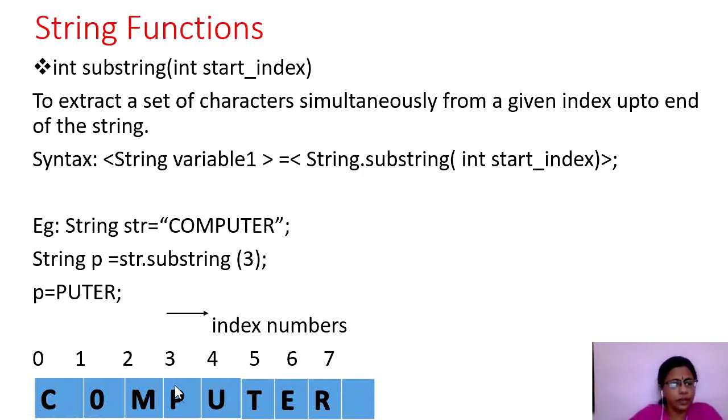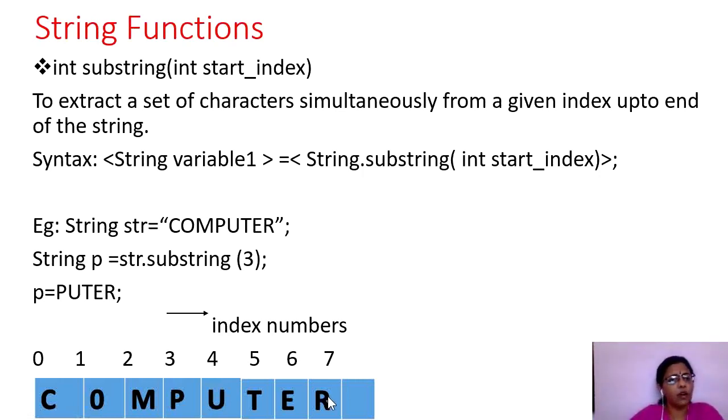So from the third position, it includes that position. From there, it starts extracting all the characters from position 3 till the end of the string. So if I give substring(3), from 3 it begins: PUTER. So till the end it extracts all the characters and forms another string.